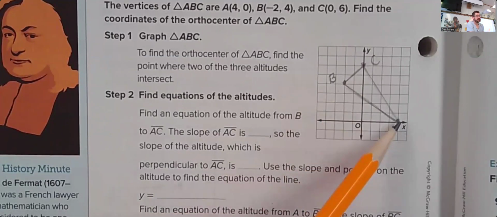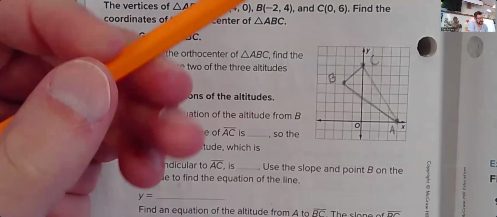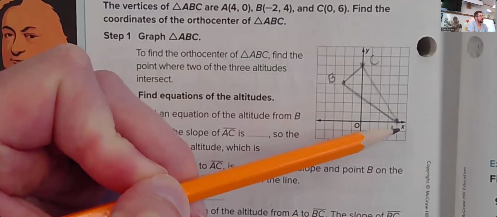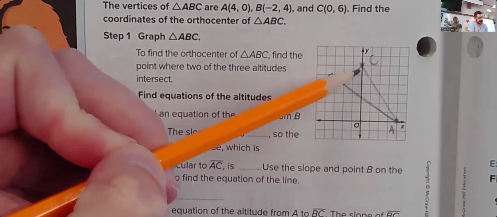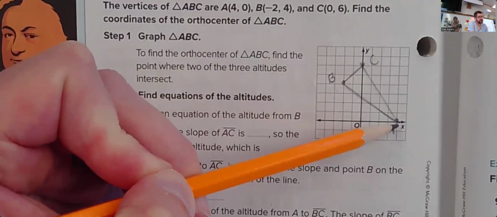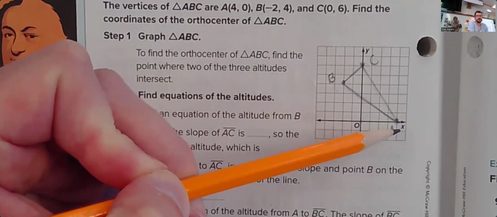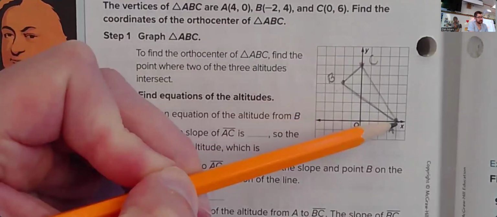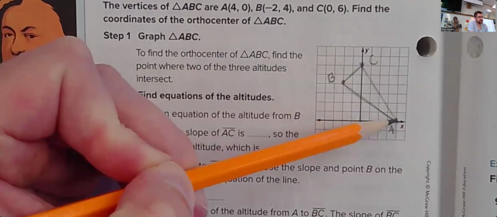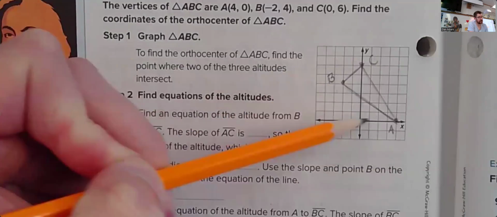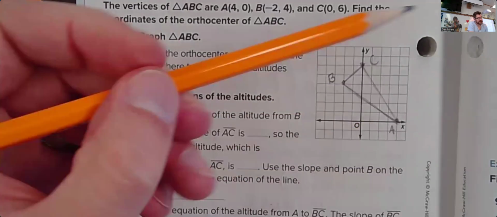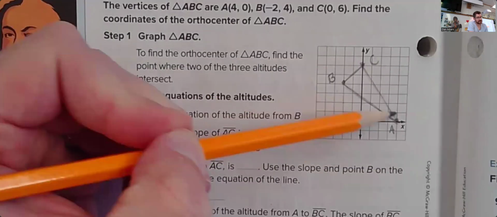And we don't need to use the slope formula. We can just count the points. So if we go from C down to A, how far down are we going and how far over are we going? To get from C to A, how far down, how far over? Down 6 over 4. If we're talking about rise over run with slope, which we are, down 6 means -6 over 4 means 4.